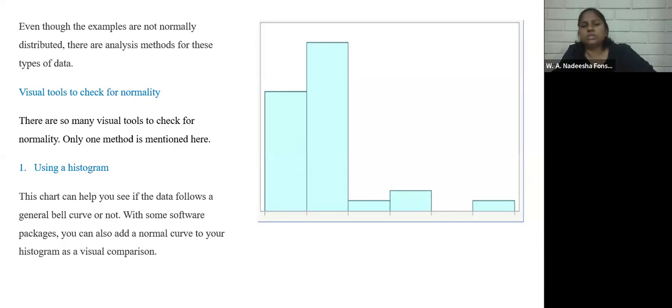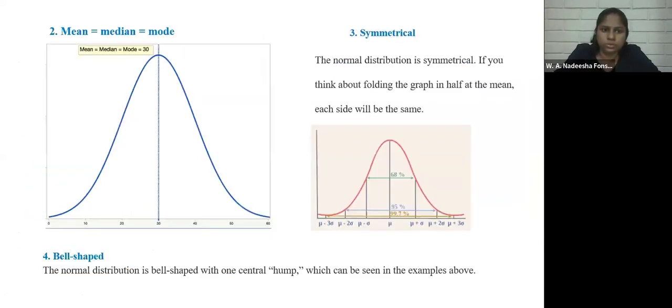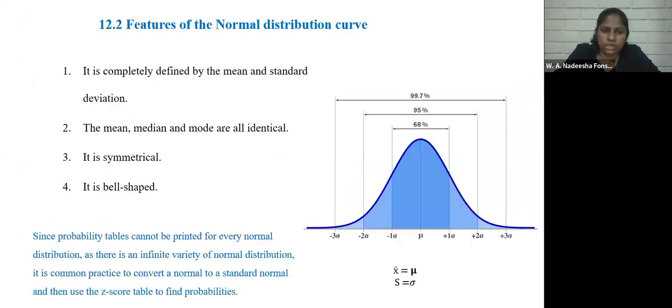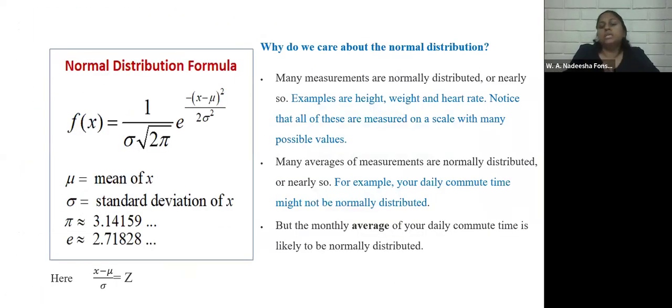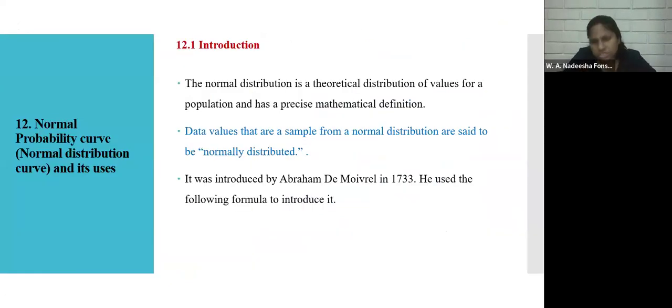The normal distribution curve is the probability curve. As a summary, the normal distribution curve is a theoretical probability distribution curve for values of a population, and it has a mathematical definition.